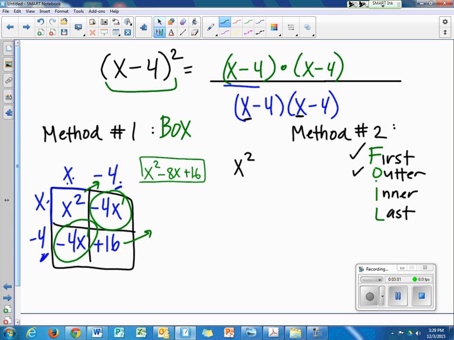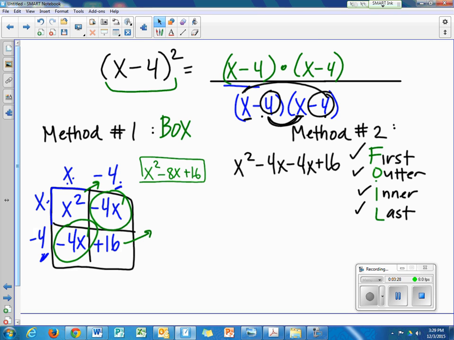Outer means the outer terms, and inner is the two inside, so we have negative 4x, and you multiply the other two, same thing, negative 4x. The very last one is the last term of each set, so here, negative 4 times negative 4 gives us positive 16.